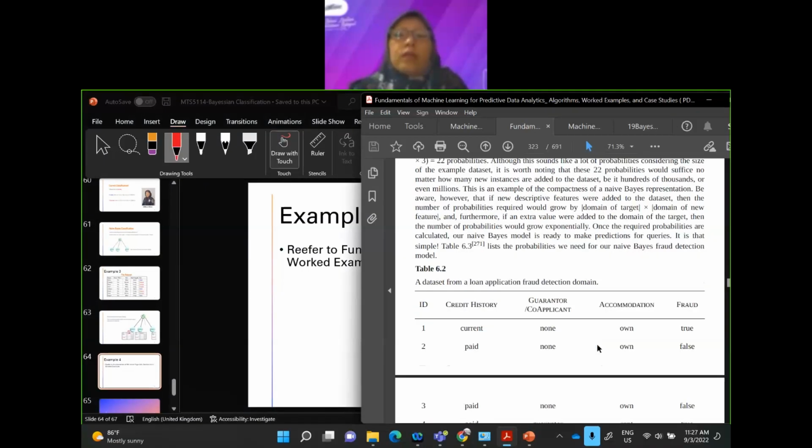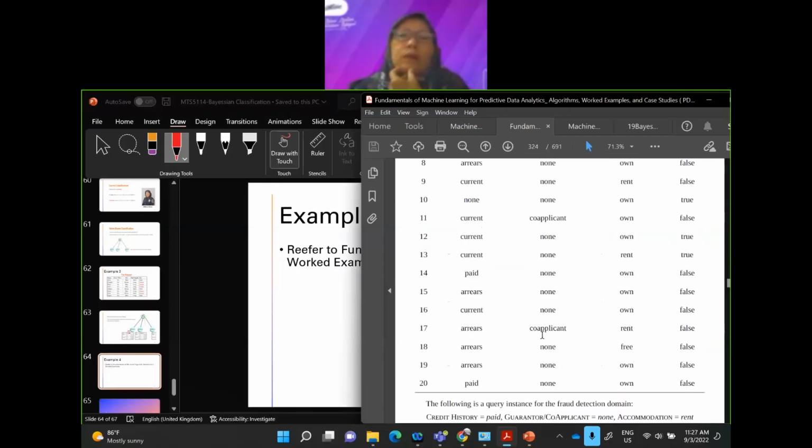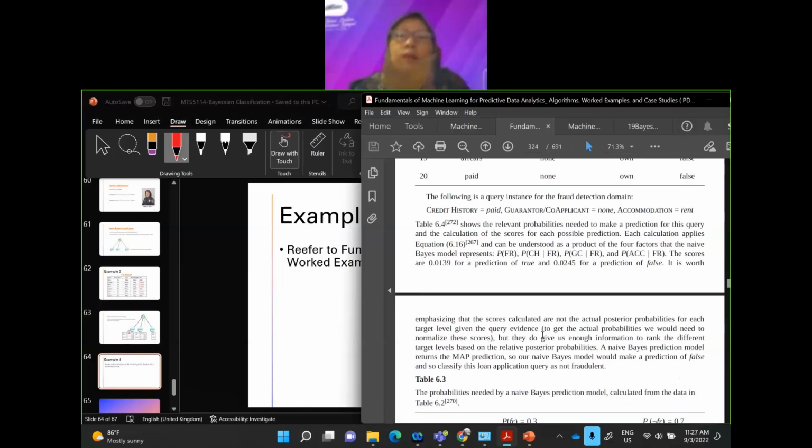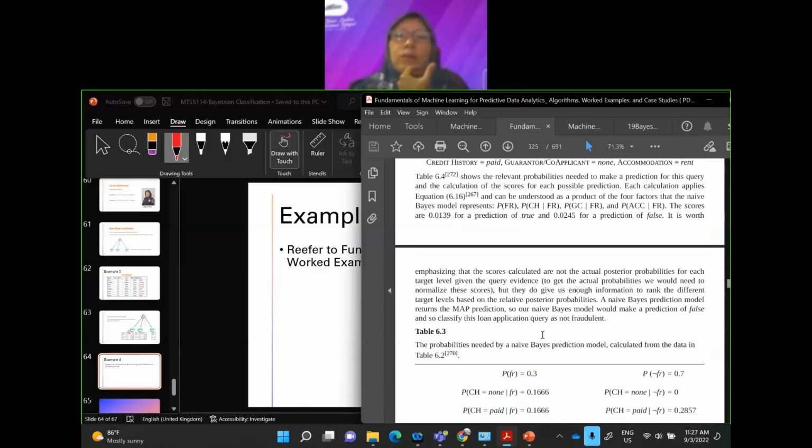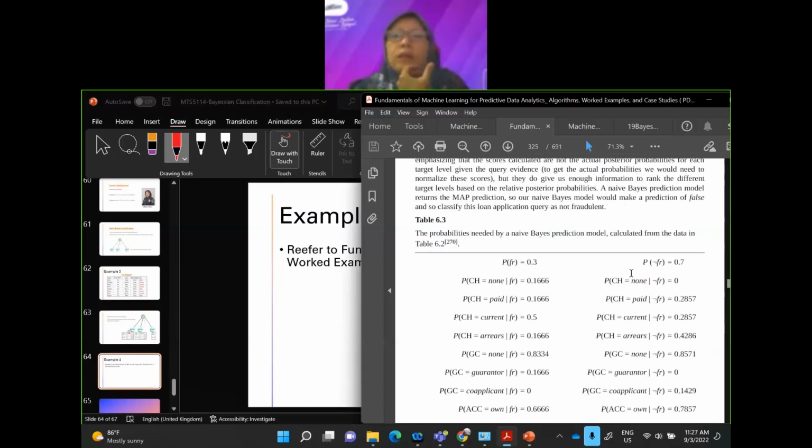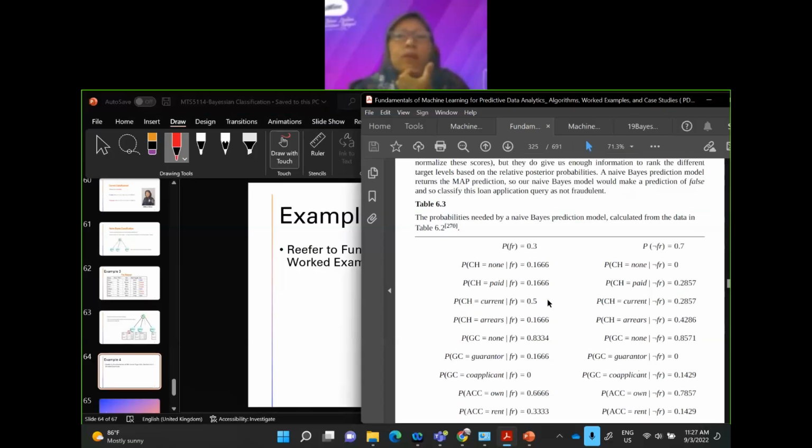In here we have a data set regarding transactions, right? Transaction is fraud, true or false, like that. You can read this one, and there are some solutions as well, but you can compute it by yourself, right?